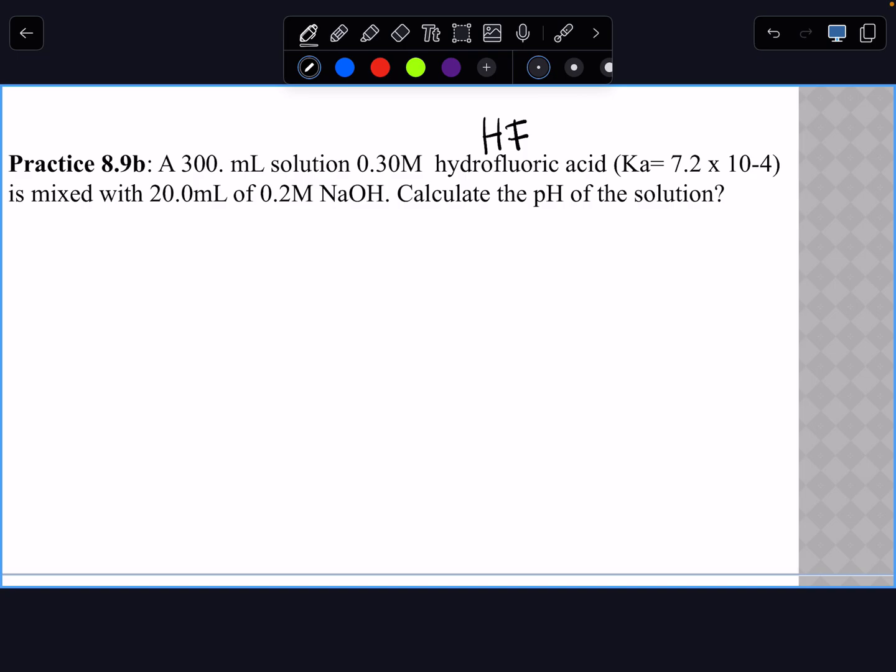Oh, no, you do take the negative log of that. Let me go check if something's off with your moles. You did? Okay, you caught your error. Yeah, Garrett. This one, when there's the same amount of the acid and the base.